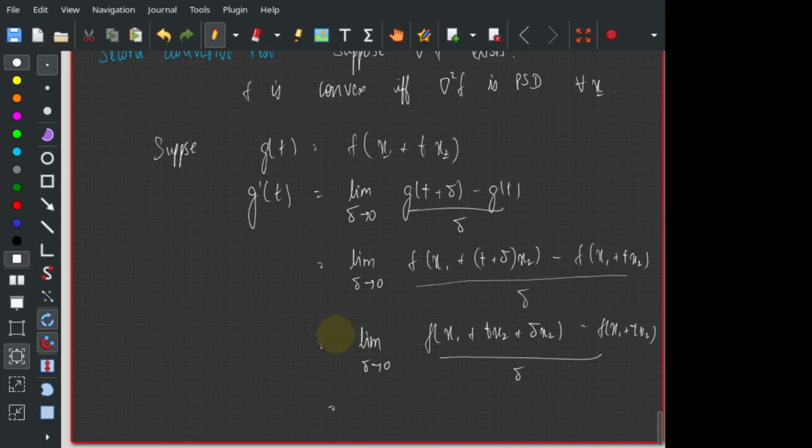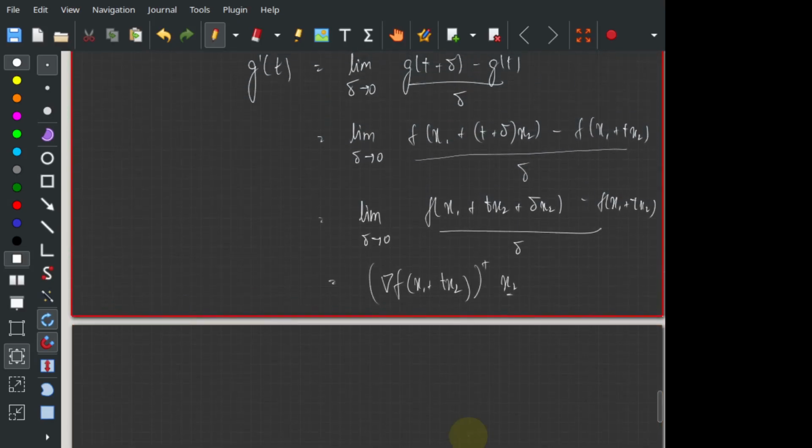So in this case, it's going to be the gradient of f evaluated at x1 plus t times x2, inner product with x2, right? Okay, so that is good. Now on similar lines, what is the second derivative going to be equal to?